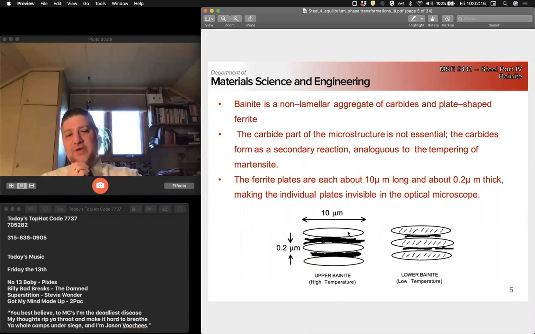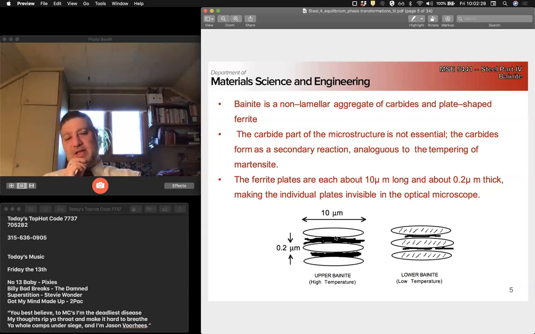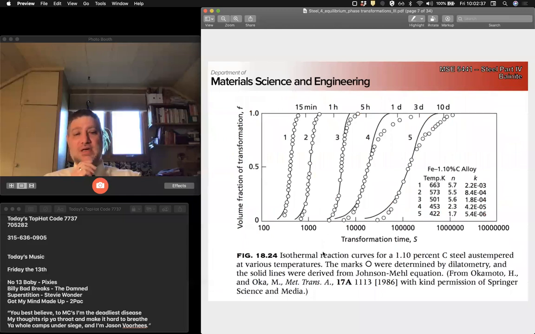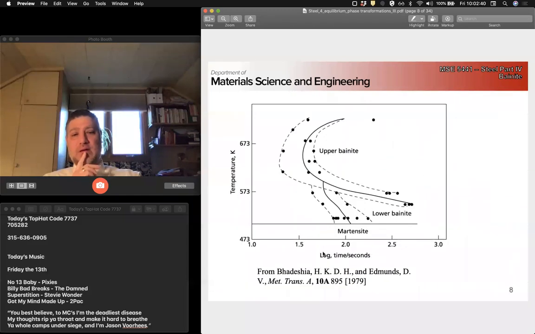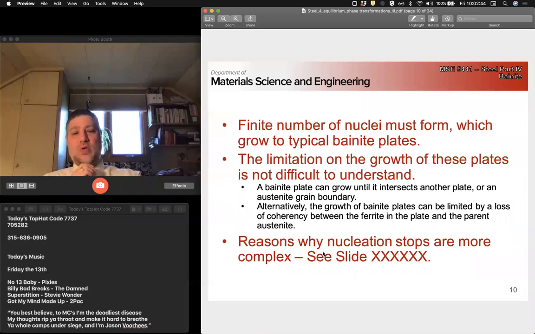We have a little bit of diffusion followed, well, whether or not we have initial diffusion is still sort of a debated topic, but then we have a shear transformation and then diffusion to form the carbides in between, right?